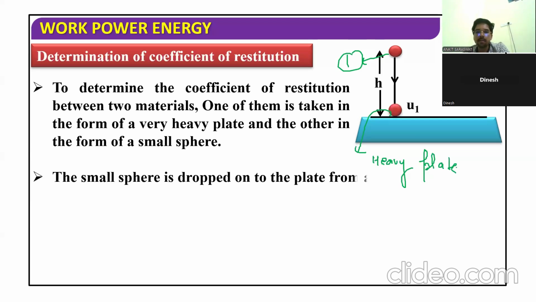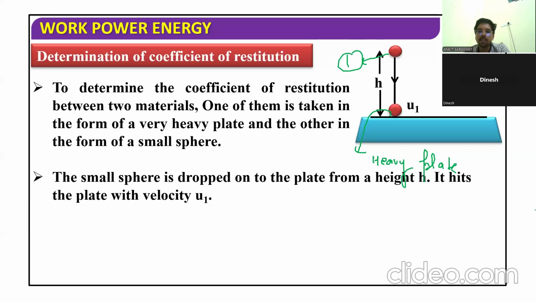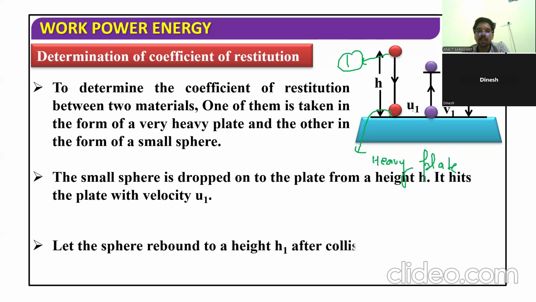From height h, you are dropping this, and u1 is the velocity just before hitting the plate. Now let the sphere rebound to a height h1 after collision with the plate. Once it is colliding like this, this is a plate, here it is coming, colliding.